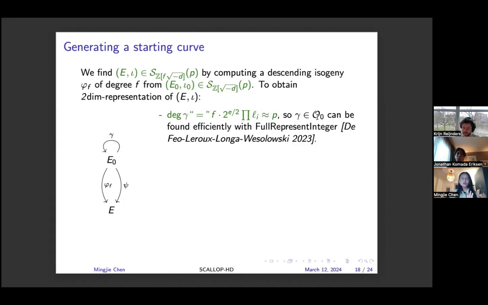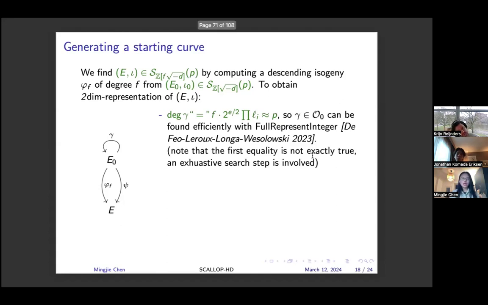So gamma in O0 can be found efficiently with the full represent integer algorithm, which is introduced in SCALLOP-HD. This first equality is not exactly true. We probably need a small factor here, and that leads to a small exhaustive search step in our algorithm, but that doesn't change the algorithm too much.